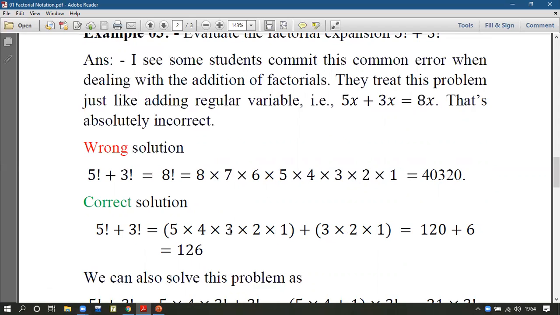Therefore, 120 plus 6 equals 126. The exact value is 126, which is the correct answer. And the other one is the wrong answer.